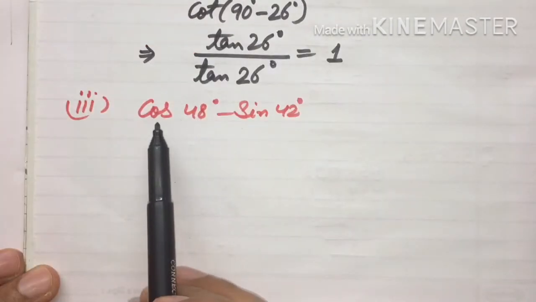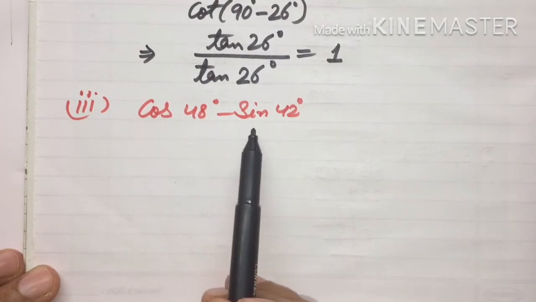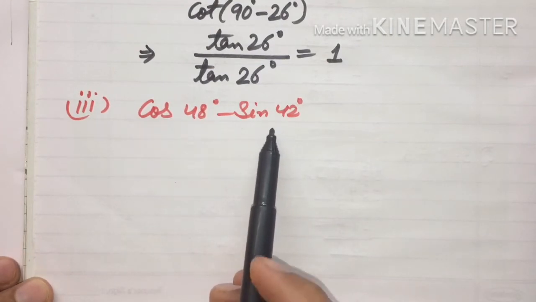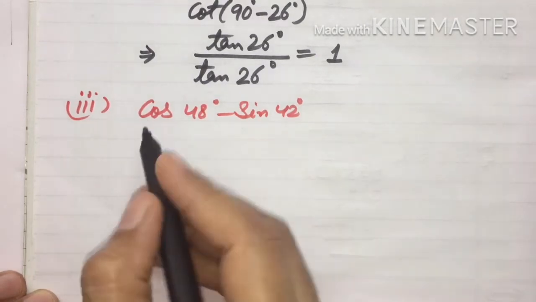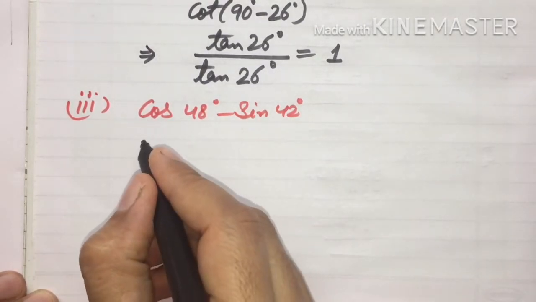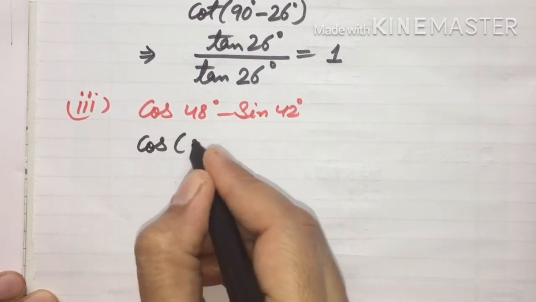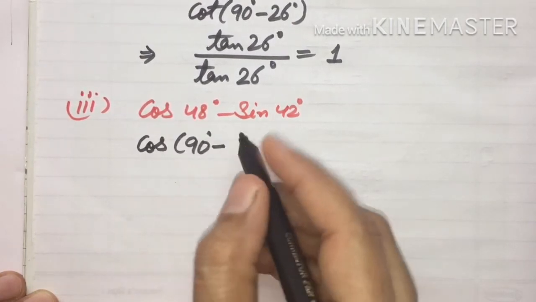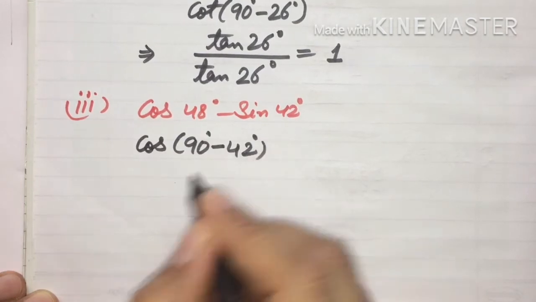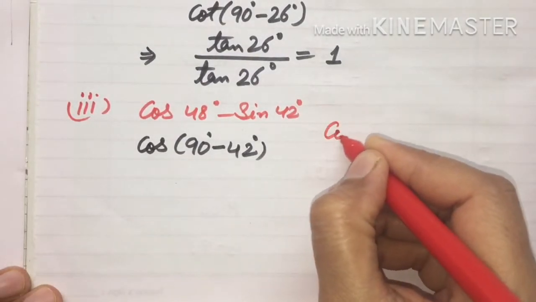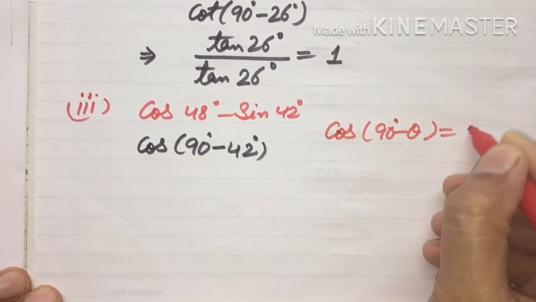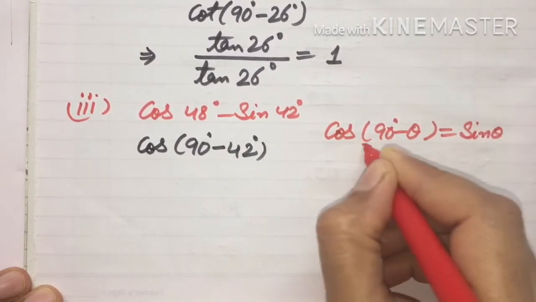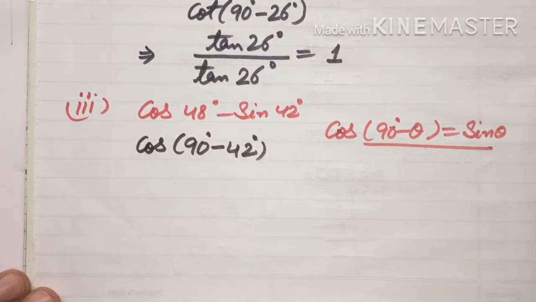The third part is cos 48 degree minus sin 42 degree. So how can we change the value of cos here? If I write cos(90 degree minus 42 degree), because we know that cos(90 degree minus theta) is equal to sin theta, this we will use in this question.